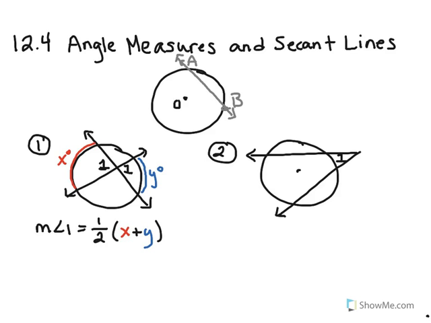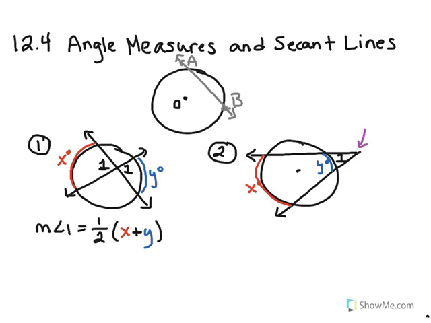The next one that we're going to take a look at is when the intersected angle is outside of the circle. So here's where those two secant lines will intersect, and it's outside of the circle. So it has a little bit of a different property here. We still want to take a look at the two arcs that that angle intercepts. This one being the first one, since it's an intercepted arc, and then the next one being this one over here, which is closer to the angle.